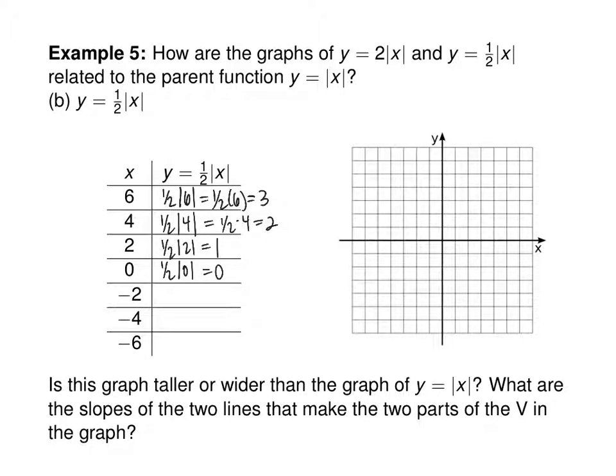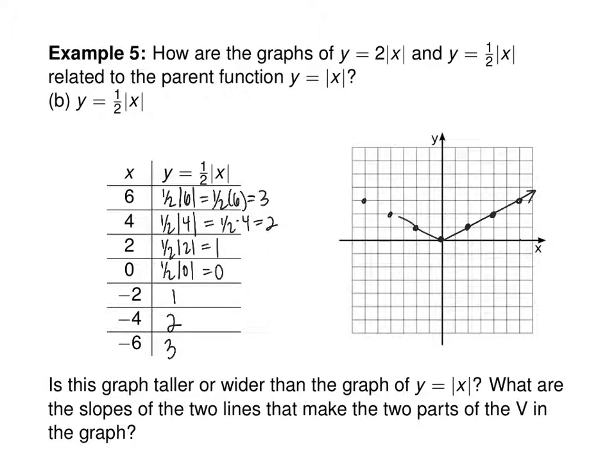And if I input -2, it's the same as 2. Input -4, it's the same as 4. And if I input -6, it's the same as 6. So over 6 up 3, over 4 up 2, over 2 up 1, 0, 0, back 2 up 1, back 4 up 2, and then back 6 up 3.